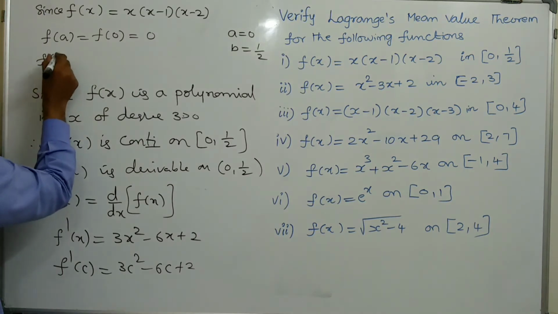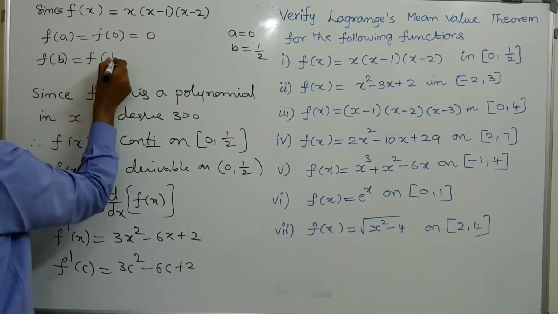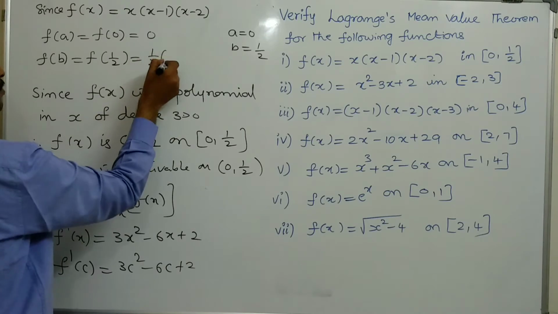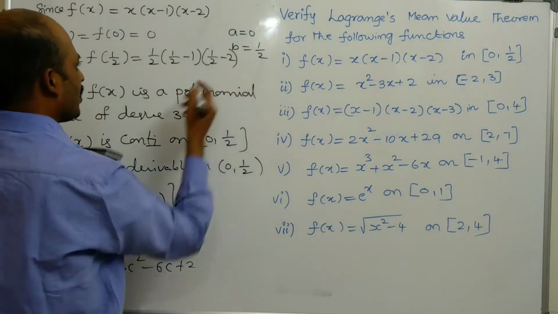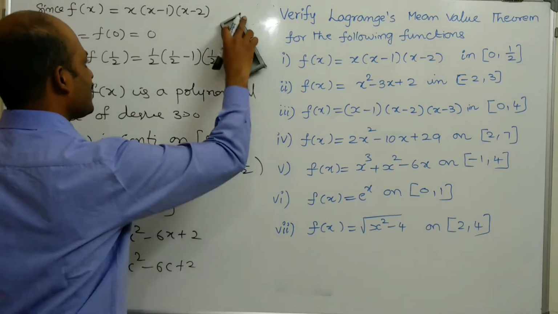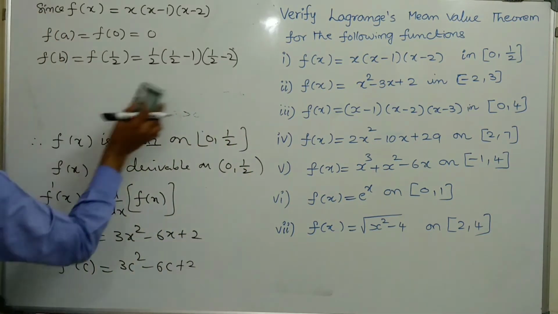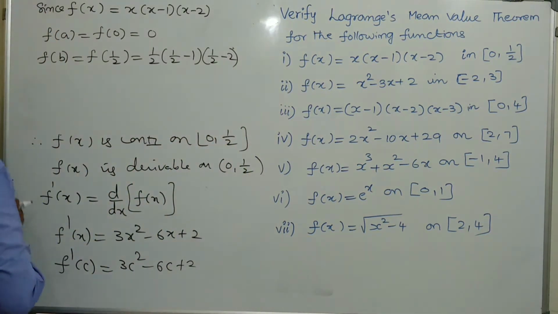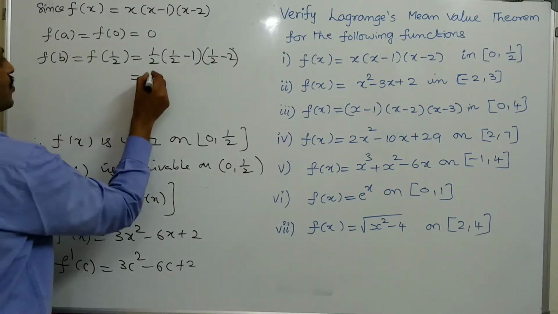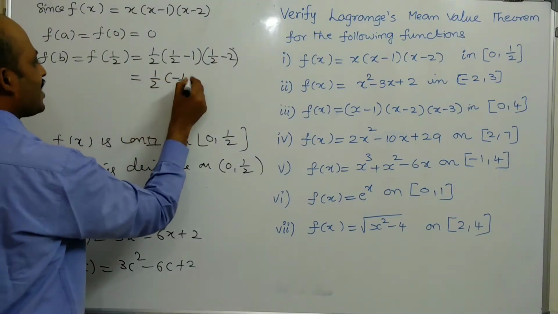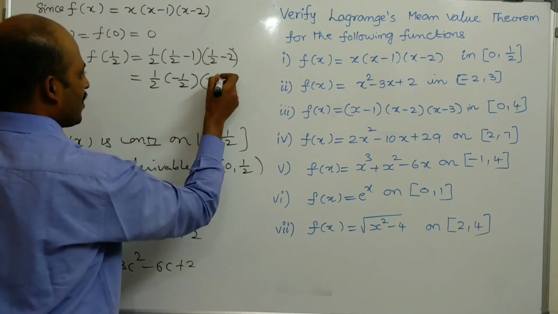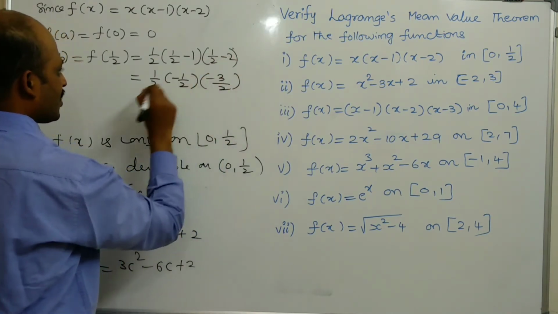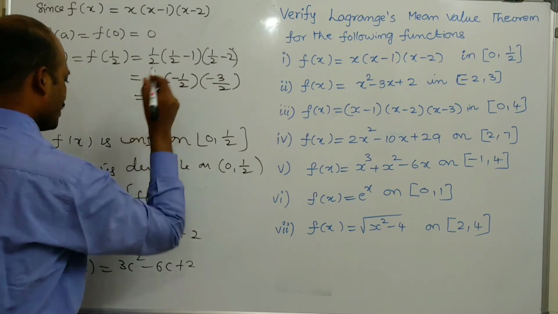F of b is equals to f of 1 by 2, which is equals to 1 by 2 into 1 by 2 minus 1 into 1 by 2 minus 2. Let us simplify this term. Which is equals to 1 by 2 into minus 1 by 2 into minus 3 by 2. Minus into minus plus, you get 3 by 8.